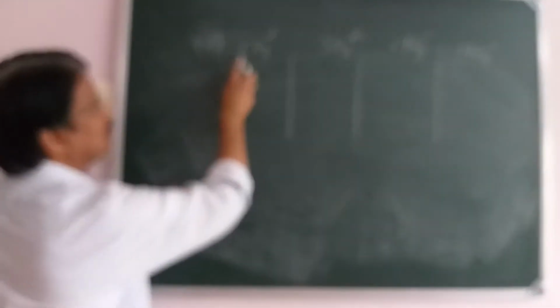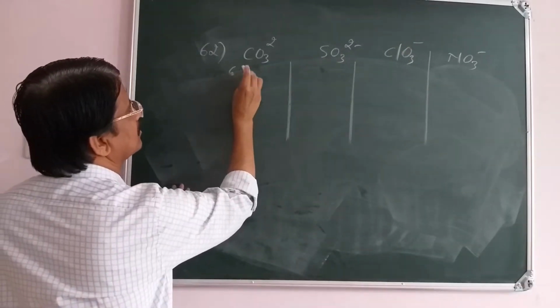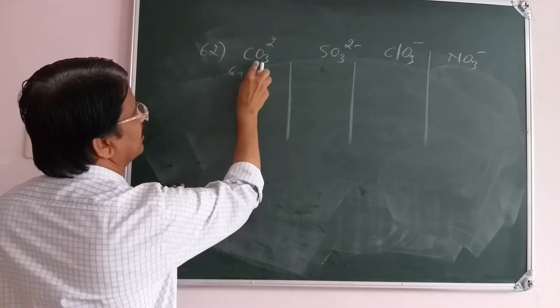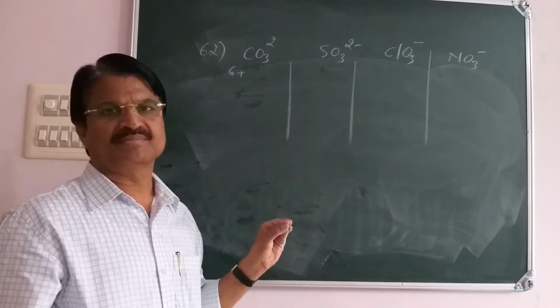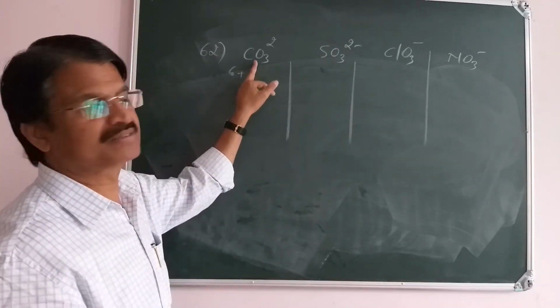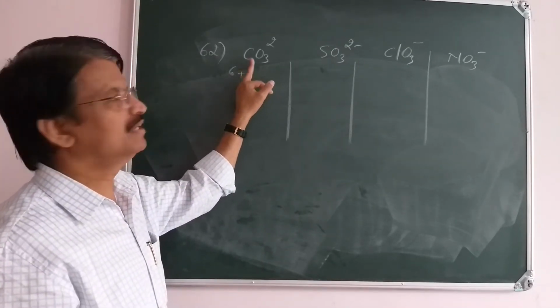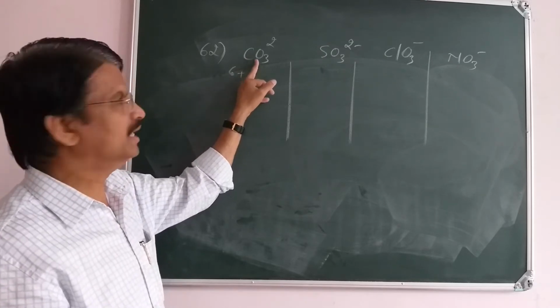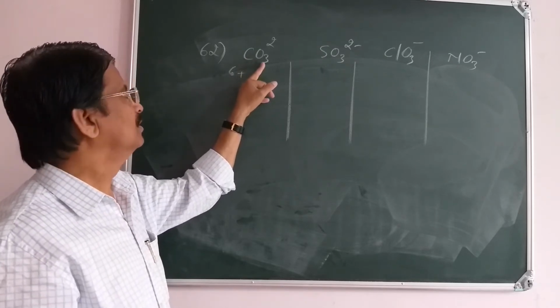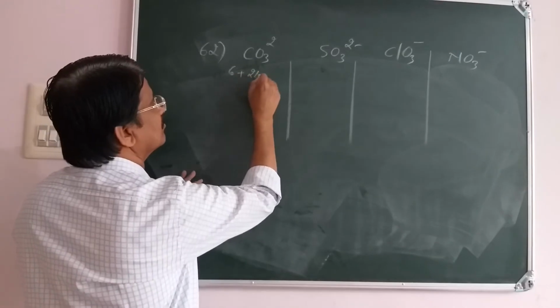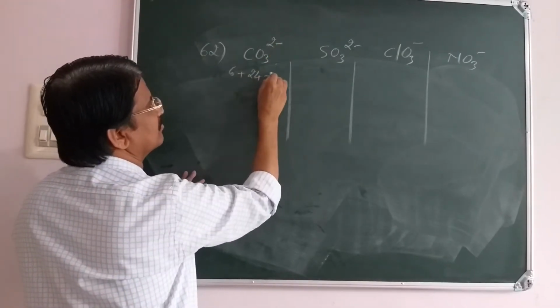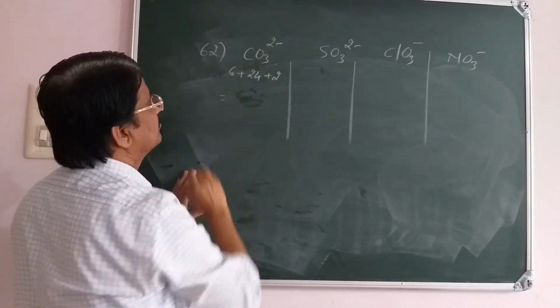Now electrons in carbonate, 6 plus 3 into 8. Number of electrons, how to calculate? By adding the atomic numbers. 6 is the atomic number of C, 8 is the atomic number of O. 8 into 3, 24. 2 minus, 2 electrons added.